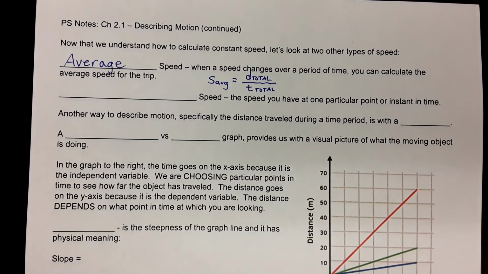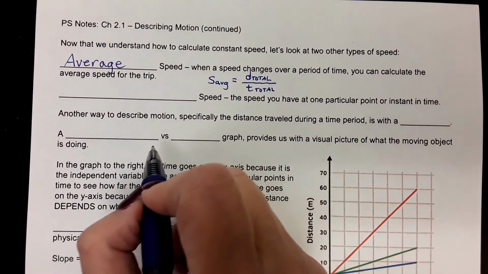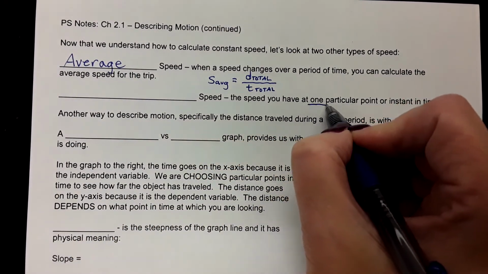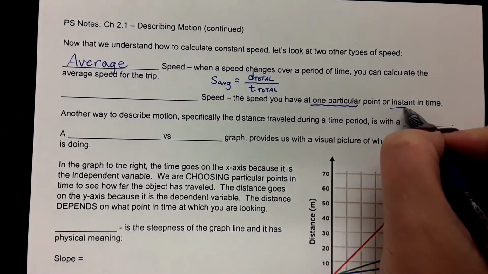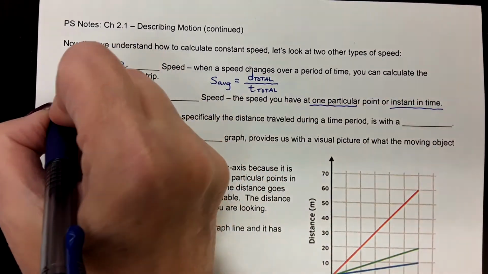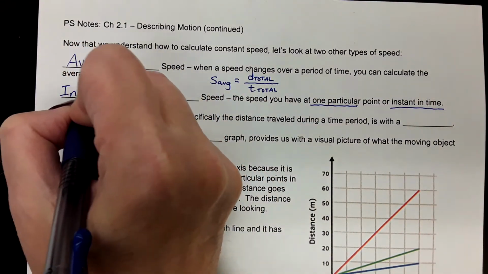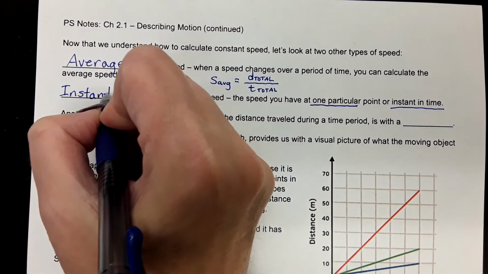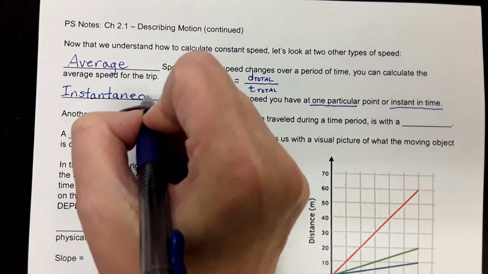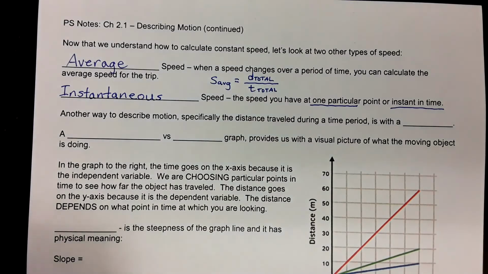Okay? Now, sometimes when we're talking about speed, we don't want to look at a period of time. We want to look at one particular point or instant in time. And in such a case, you're looking at your instantaneous speed. Your speed at an instant in time.